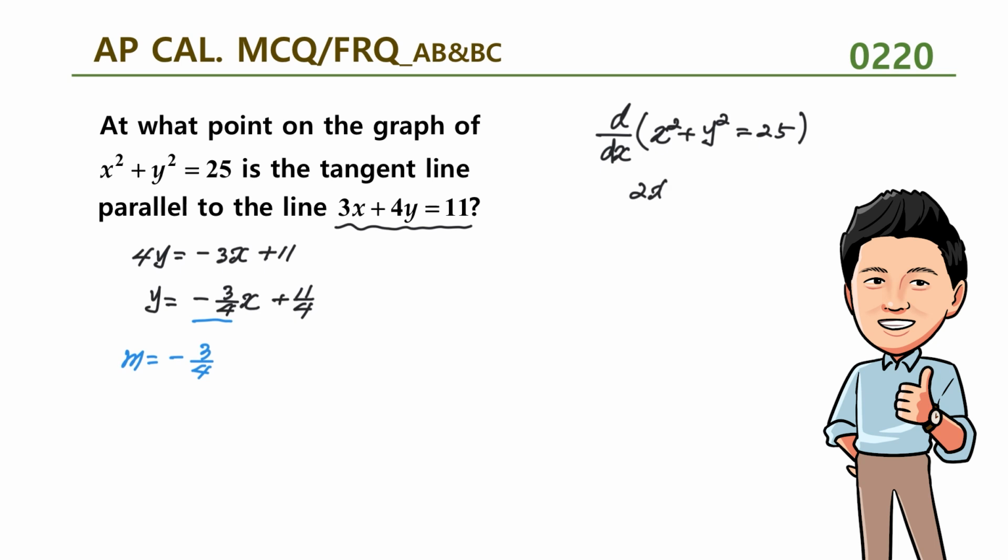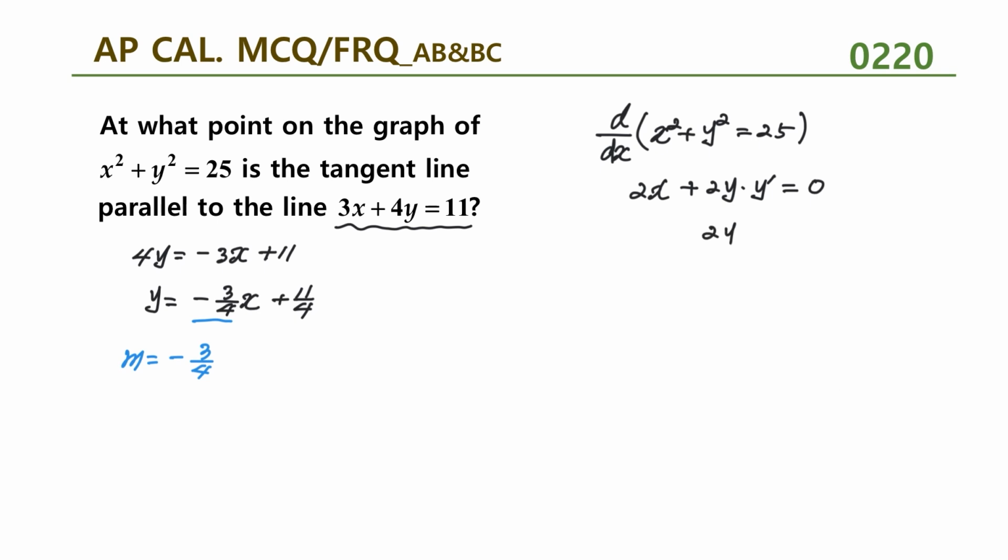So we have 2x plus 2y times the derivative of y, dy over dx, or y prime, is equal to the derivative of 25, that's 0, right? So we have 2y y prime is equal to negative 2x, eliminate 2. So our y prime is equal to negative x over y, right?